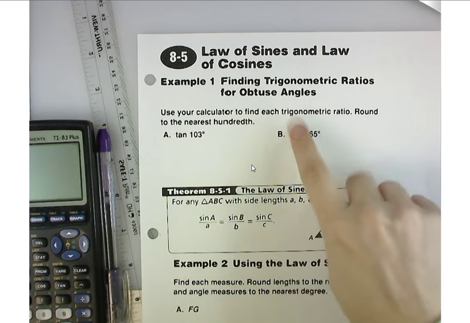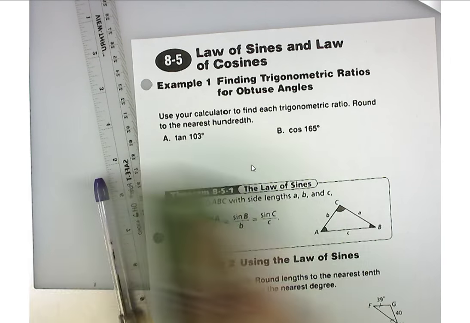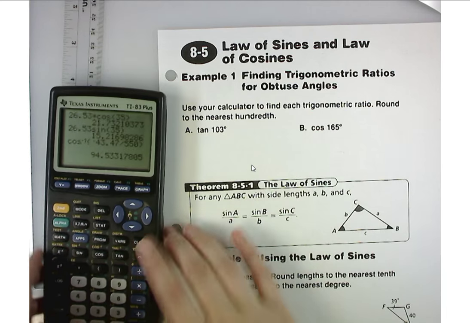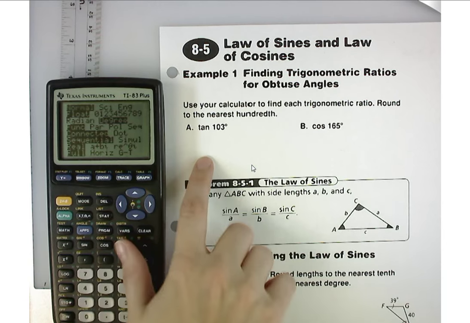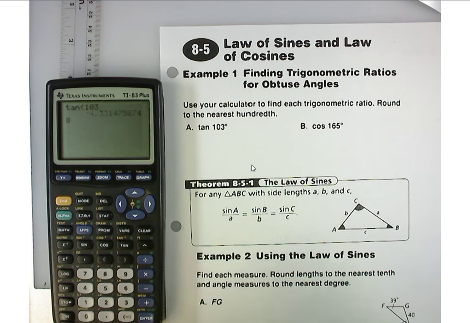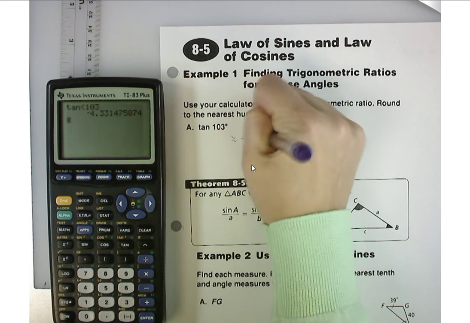The first thing we have to remember how to do is use our calculator to find the trig ratios, and then round to the nearest hundredth. Make sure you are in degree mode if you're plugging in a degree. The tangent of 103 should be negative 4.33.